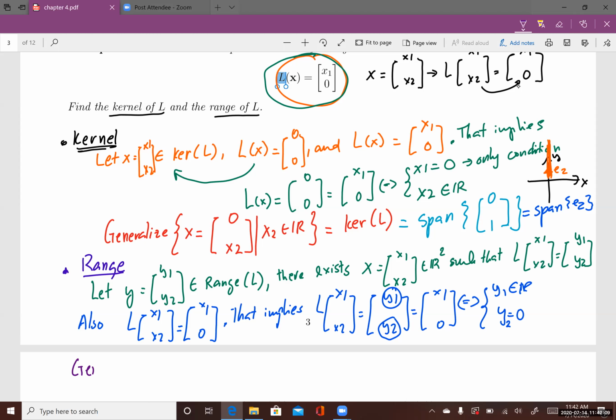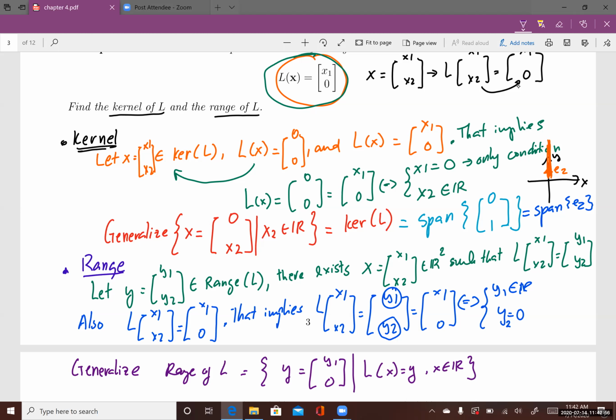So this tells us, to generalize, the range of L equals the set of vectors y1, 0 in R2 such that L of x equals y for some x in R2.